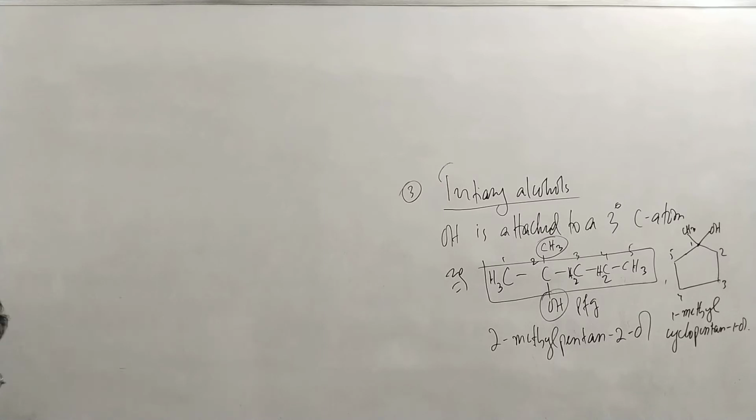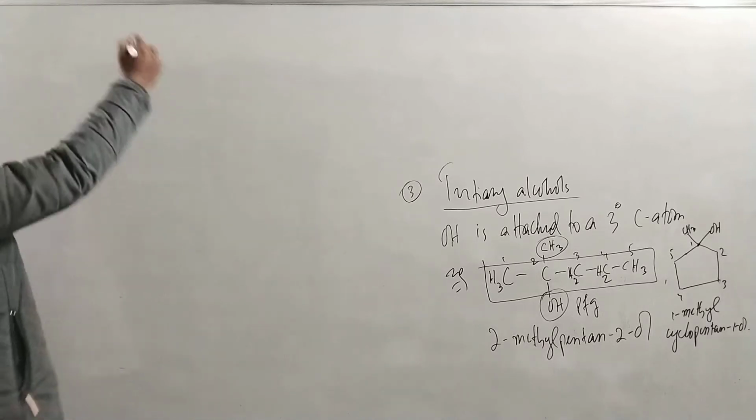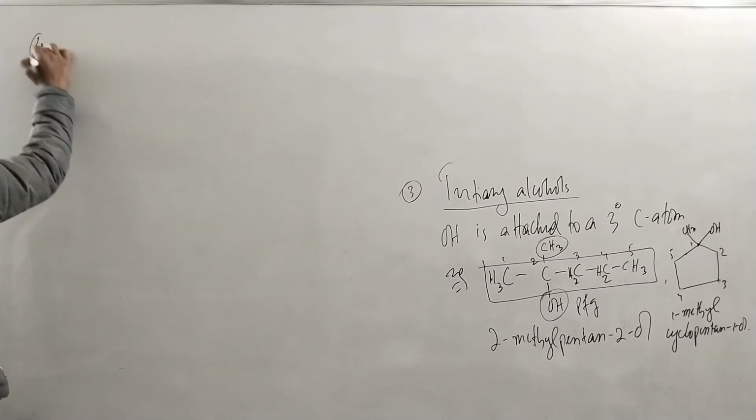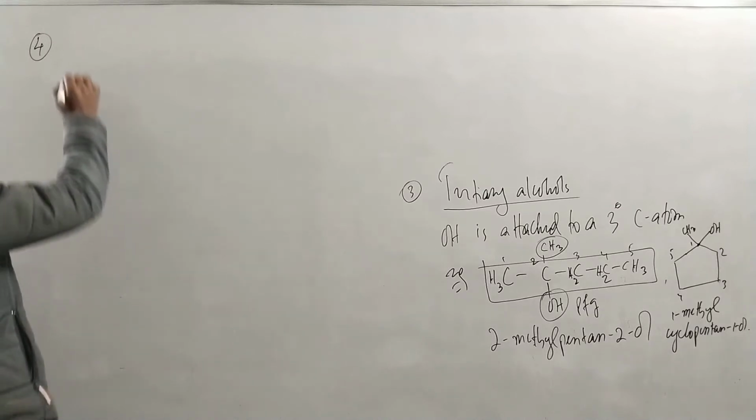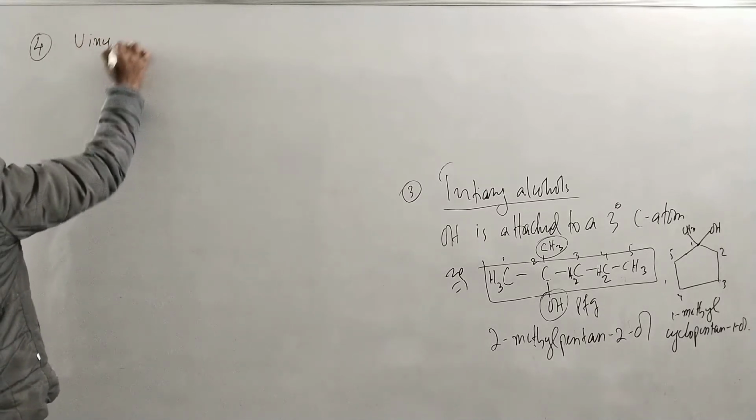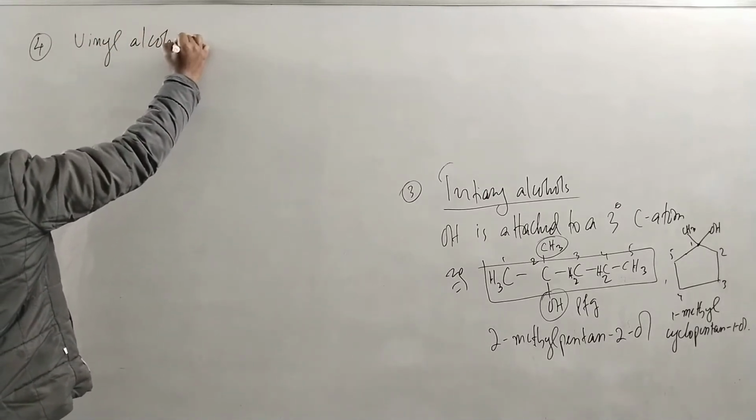Okay, third type of alcohol is... fourth type is vinyl alcohol. Vinyl alcohol.